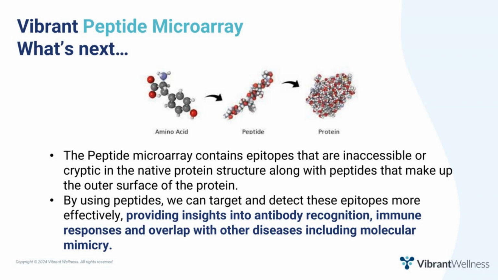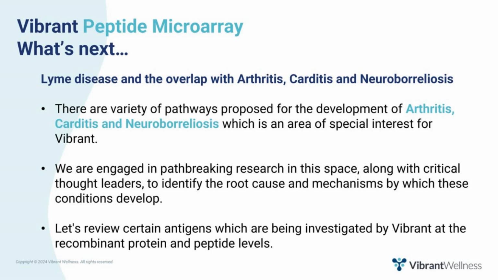Okay, so what's next? What's next is that we're going to be able to test the overlap between your immune system going after the pathogen itself and your immune system going after some of these other peptide sequences that would be more of an autoimmune sequela, in 3 particular categories: arthritis, carditis, and neuroborreliosis.